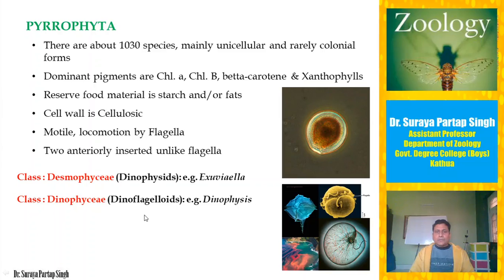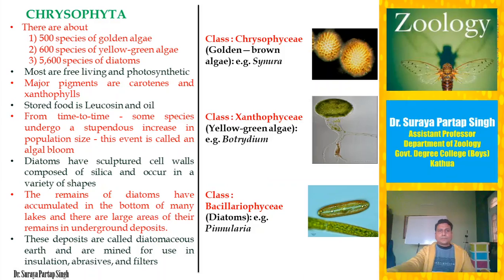It is a characteristic feature. Some of them have this property of bioluminescence. What does bioluminescence mean? That they show luminescence. They glow by the action of certain enzymes, because of some reaction inside the body, they produce light. As such, they are known to produce bioluminescence.